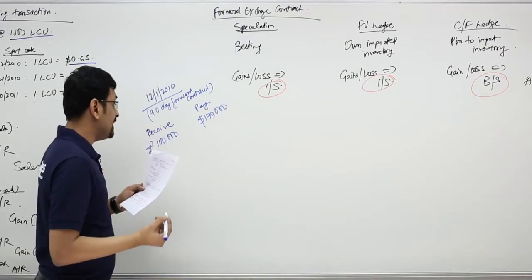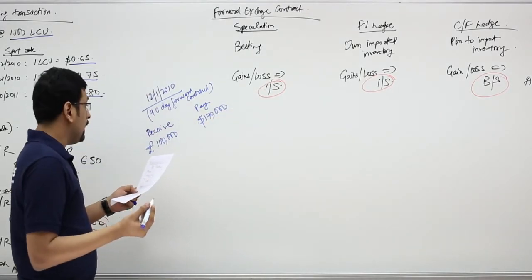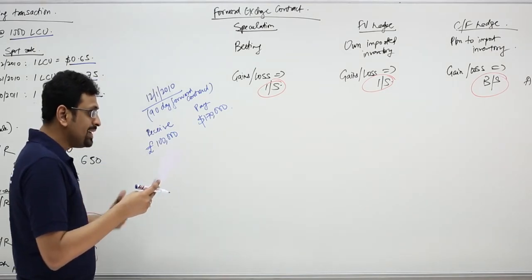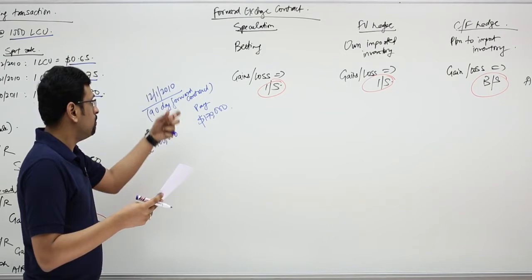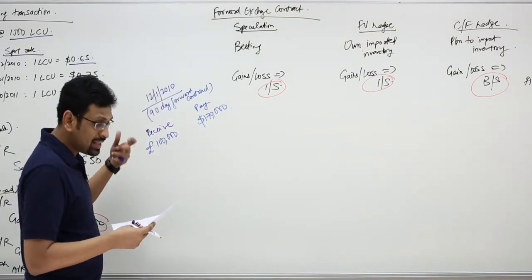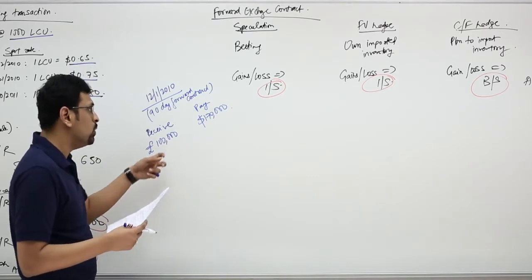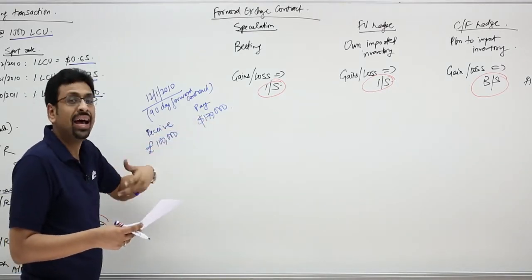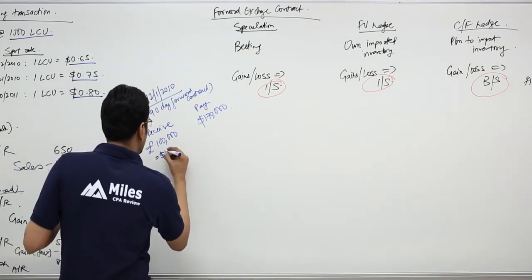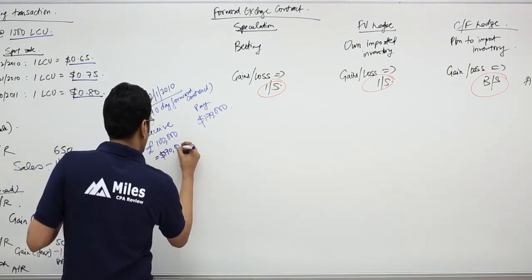Because as per the 90-day forward rate, the British pound is going to be worth $1.70 on 1st March, 90 days later. So the 100,000 pounds that they're going to receive is going to be worth $170,000, and that's why they'll pay $170,000.